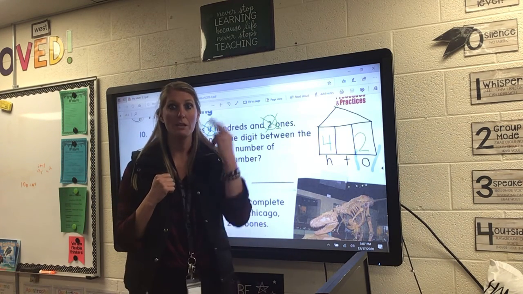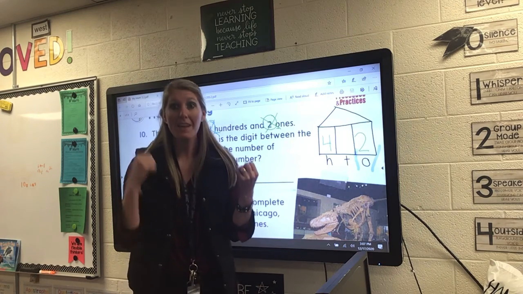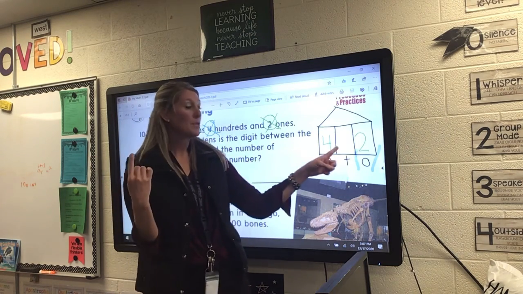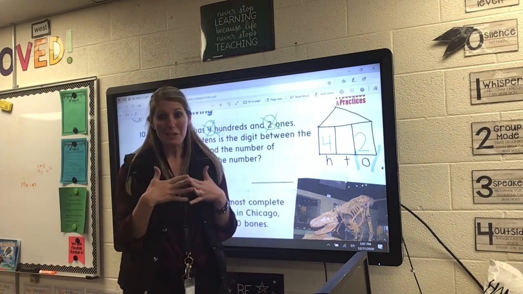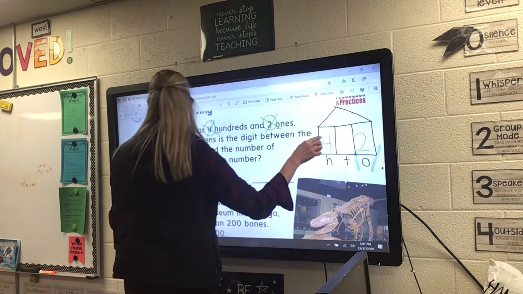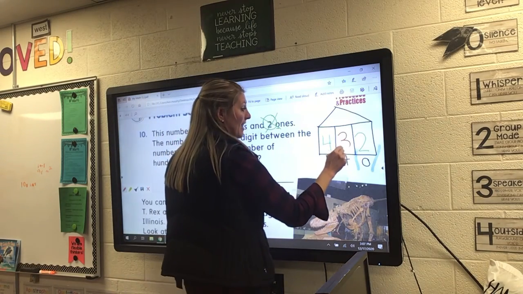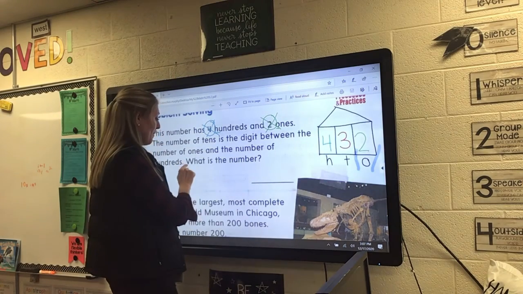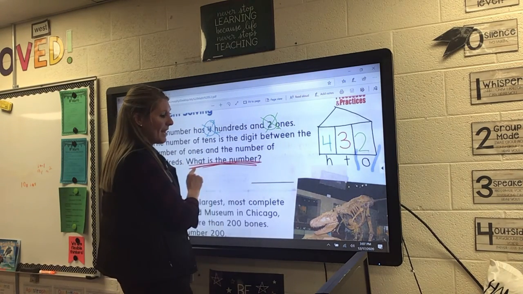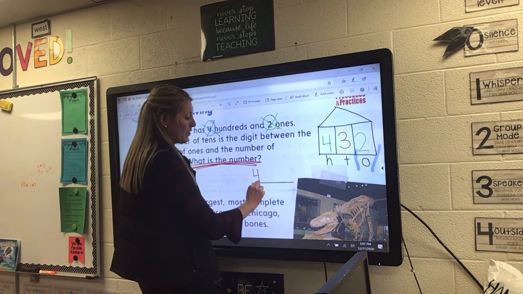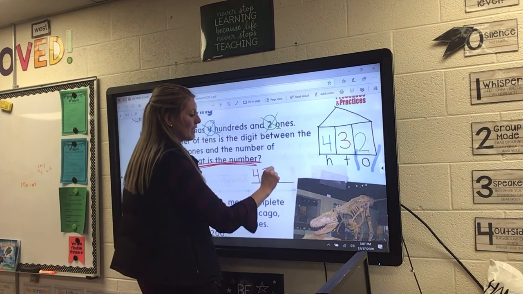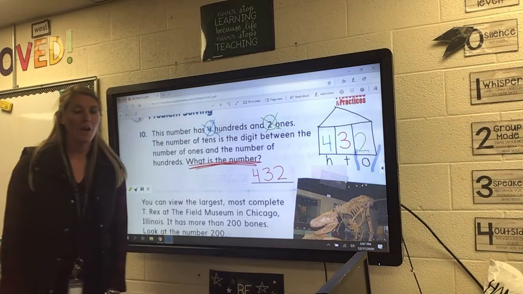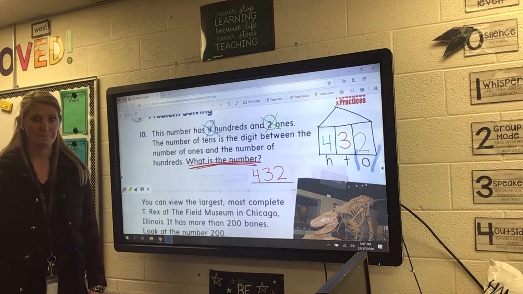So think about that again. 1, 2, 3, 4. So the number between them is 3. So the digit that goes in the tens is the 3. So my number, what is the number? My number is 432.